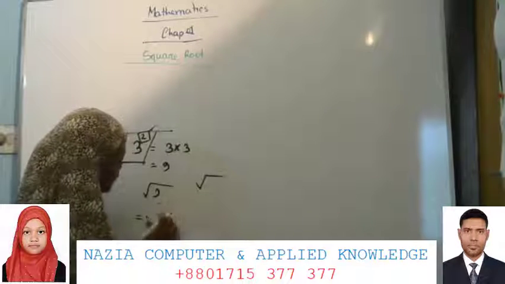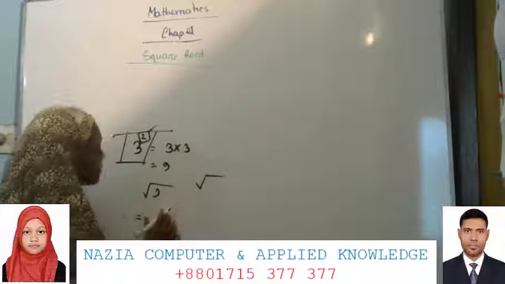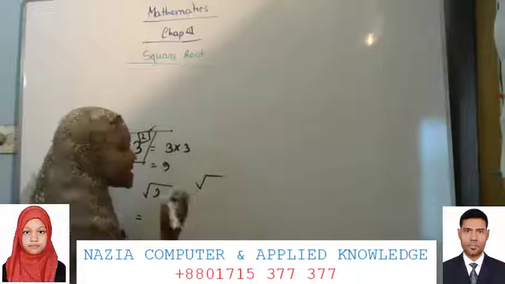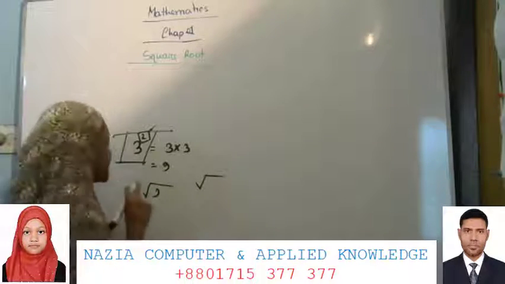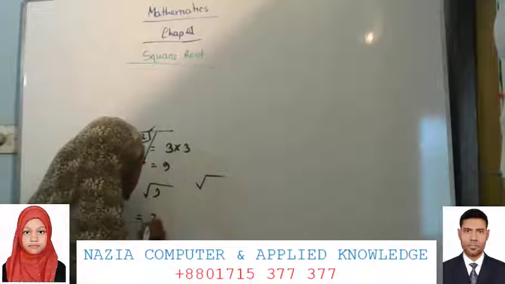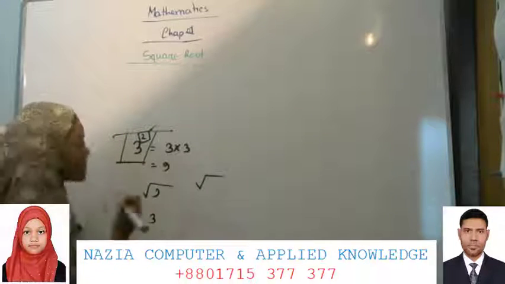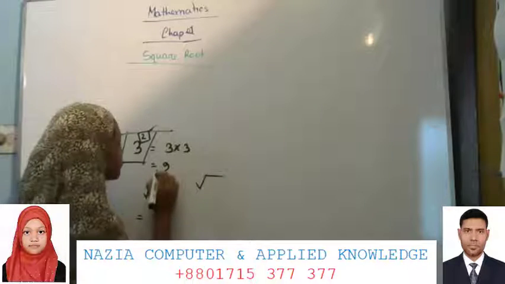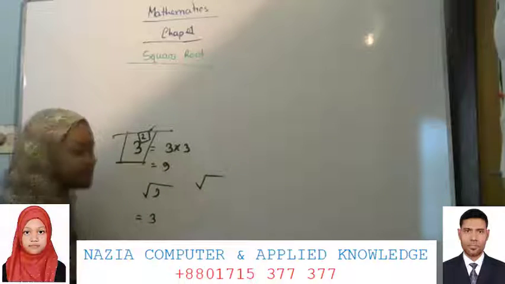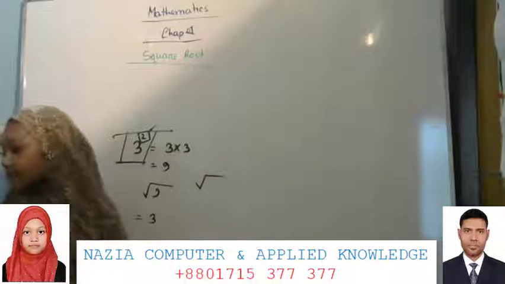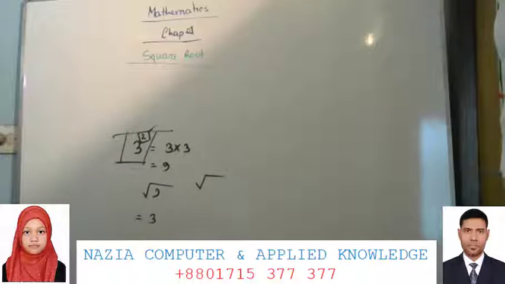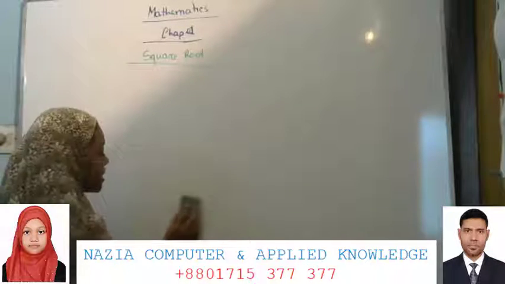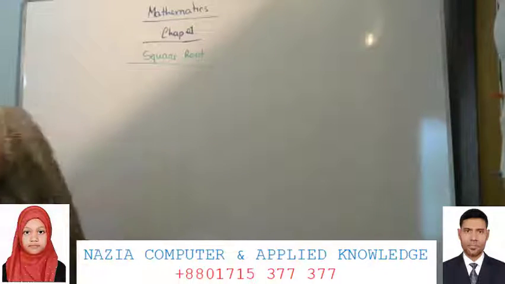If I ask you what is the square root of 9, then the answer will be 3, because you can see 3 into 3 equal to 9. So the root of 9 will be 3. Okay. So we have understood again the square and square root.